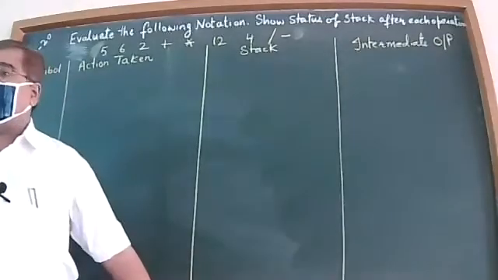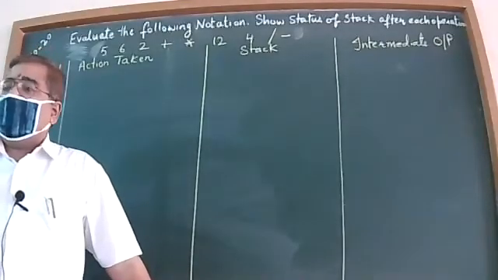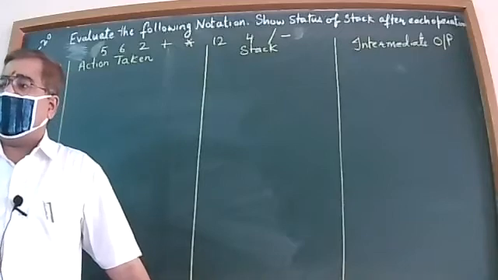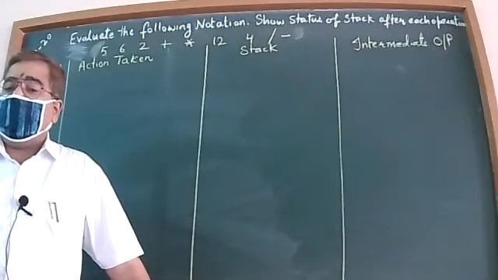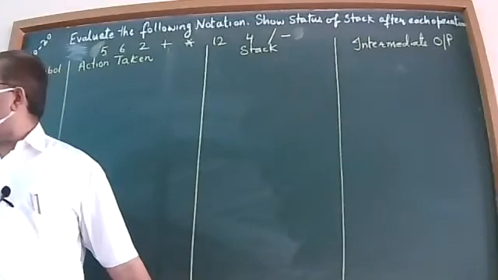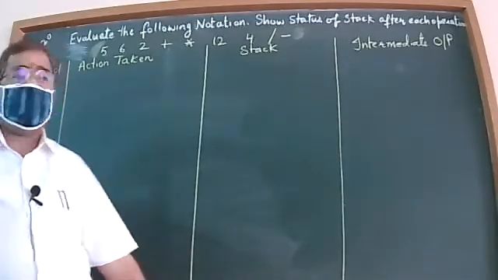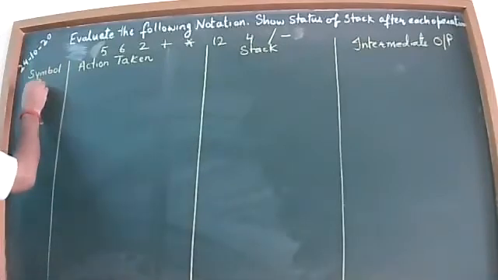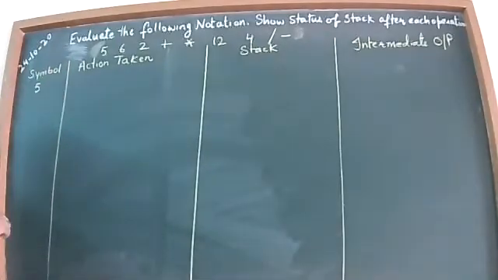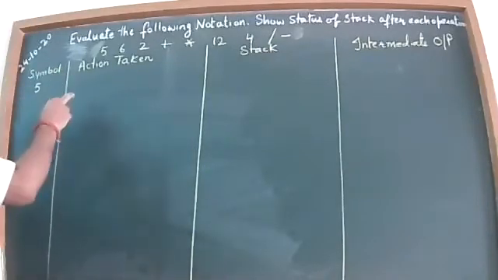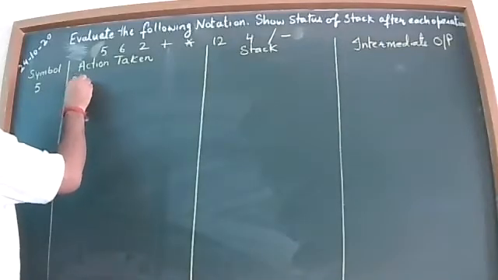When you encounter a binary operator, two elements will be popped. When you encounter a unary operator, only one number will be popped. So first number is 5. When a number comes, you are to push in the stack. So what you are to write?